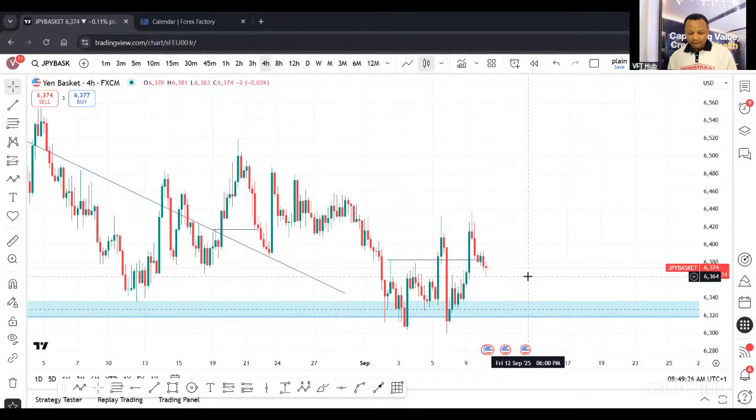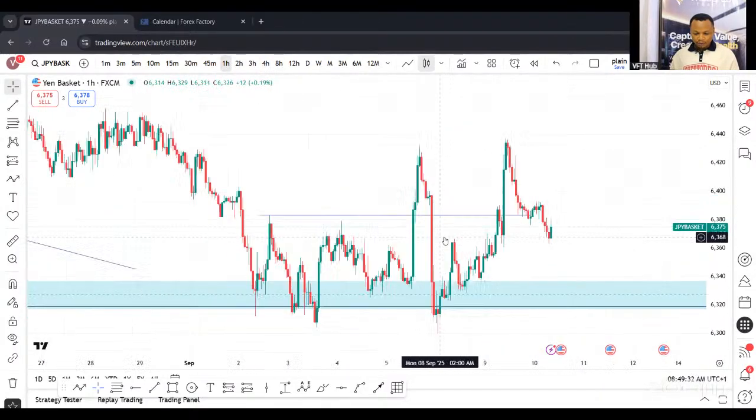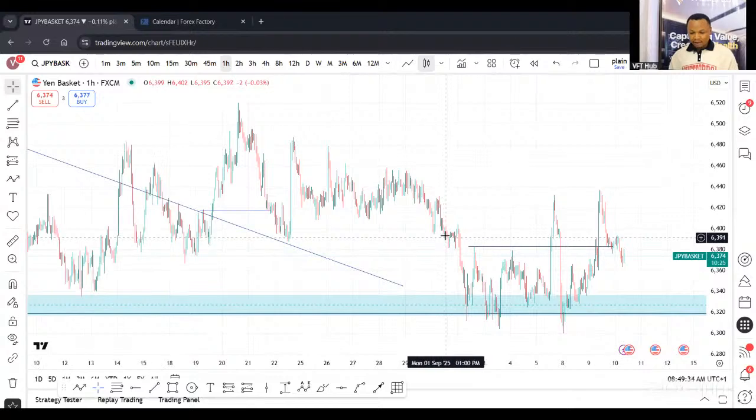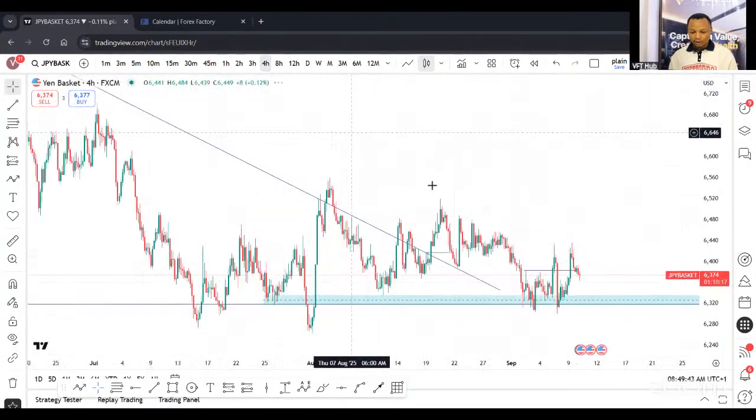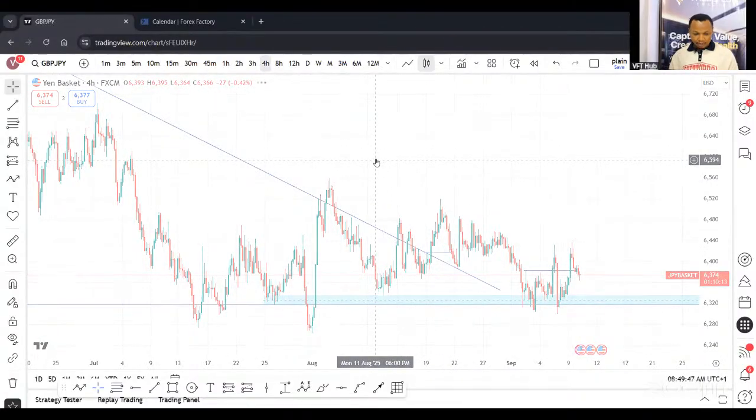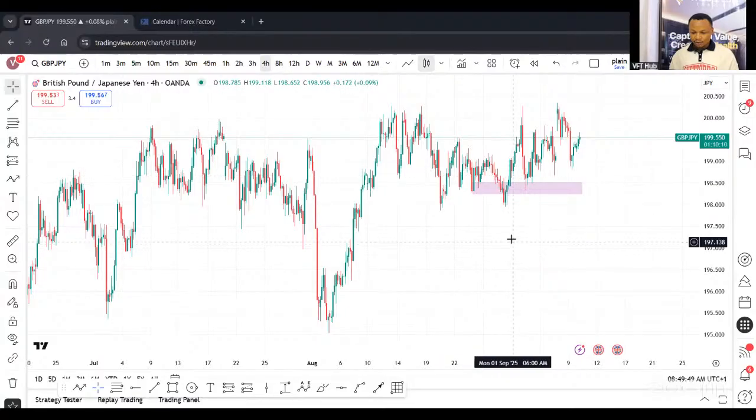But where the sell is going to start from, that is what we would have to continue anticipating moving forward. So overall on the yen basket, I'm expecting a buy to play out. If the buy plays out, then good, we take it. If it doesn't play out, then we would watch out for what is going to actually play out at the end of the day. So let's look at the yen pairs and get actual trades for today.